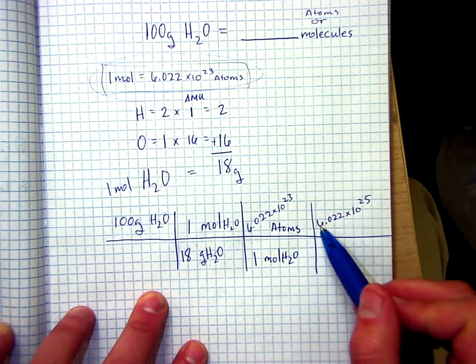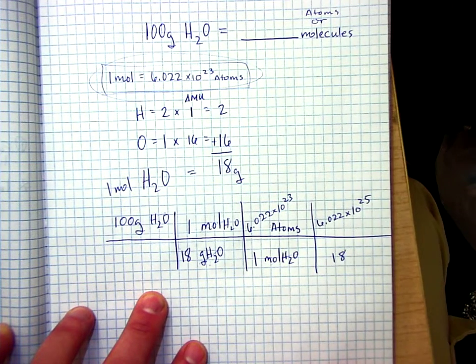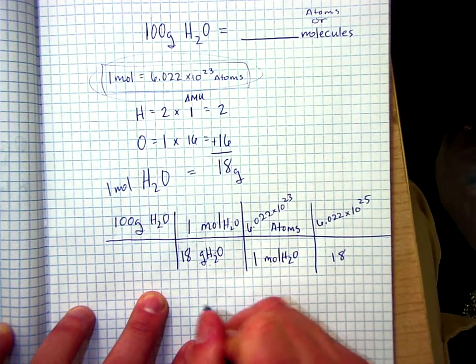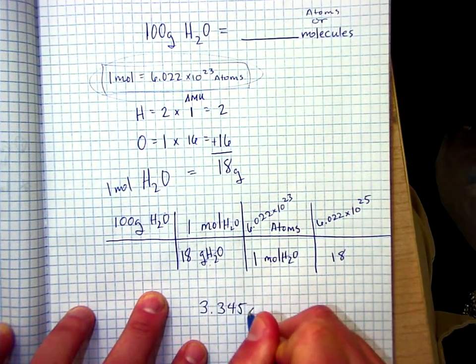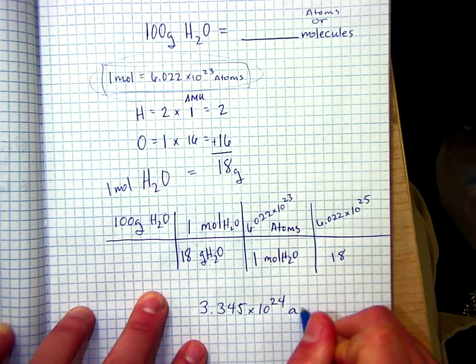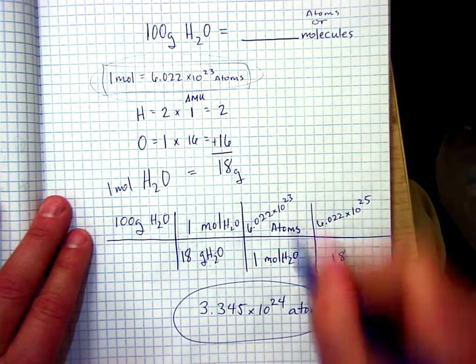It just means 6 with 25 zeros behind it. Let's go ahead and divide. When we divide those two numbers, we get 3.345 times 10 to the 24th atoms. So that is the answer to our original question.